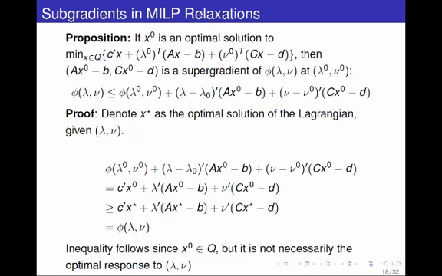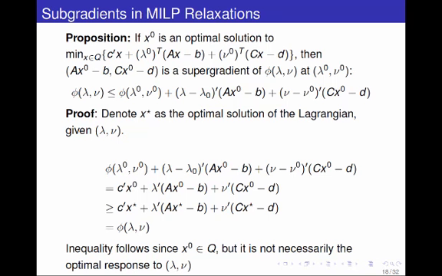I'll just write it out to make sure that everyone is on the same page. Can you show graphically what the subgradient is doing? Yeah. So we have lambda 0, nu 0 over here, some point in our dual space.